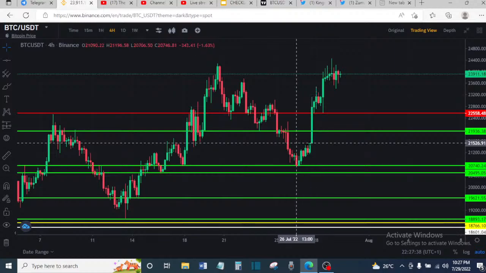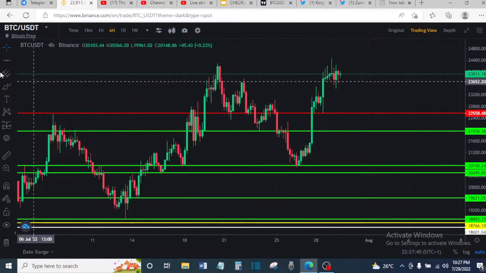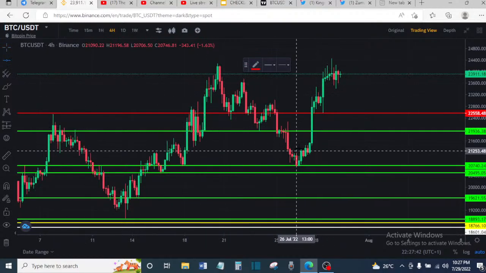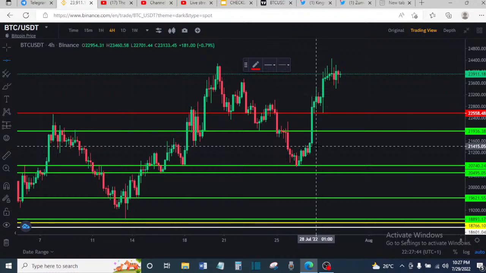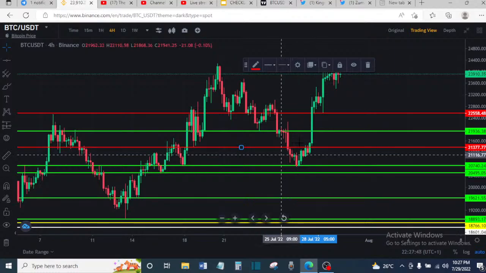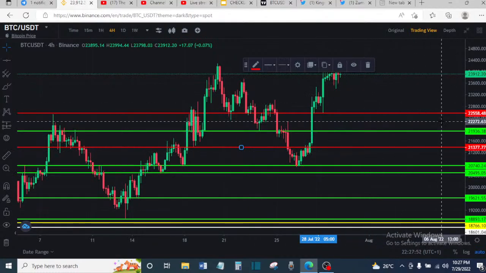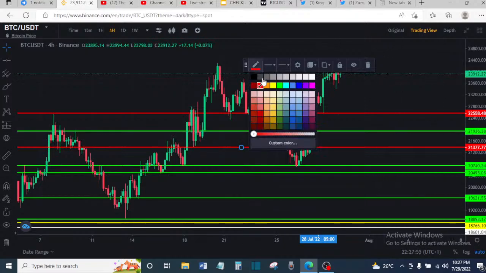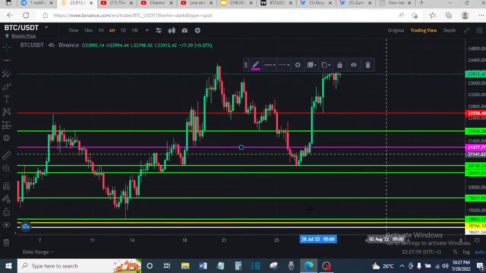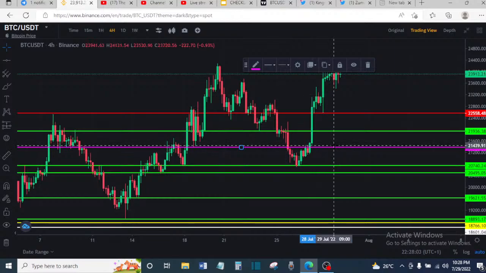Price can get to this area and stop there. So price can sweep straight down to 21,377. Let's just approximate to 21,400.